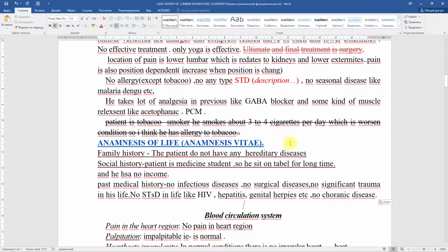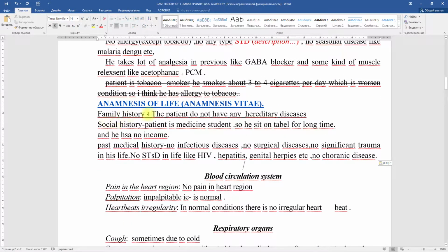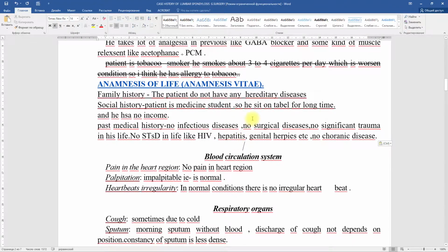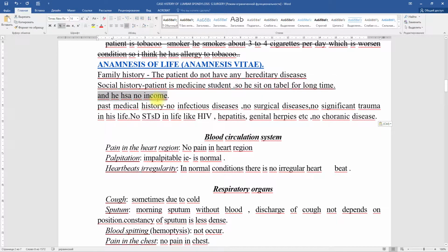That's what goes next. So let's see, family history, no hereditary diseases, very good. Social history, yes, you give the occupation. Professional harms, he sits at a table for a long time. He has no income, yeah, that's very bad.